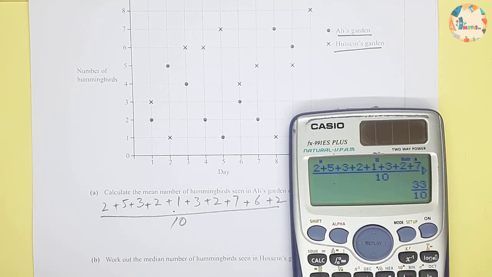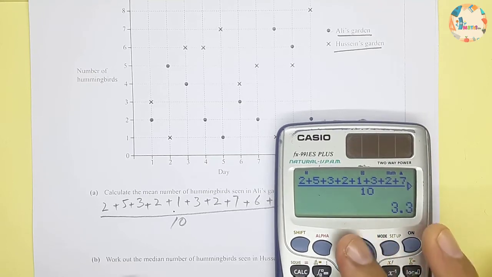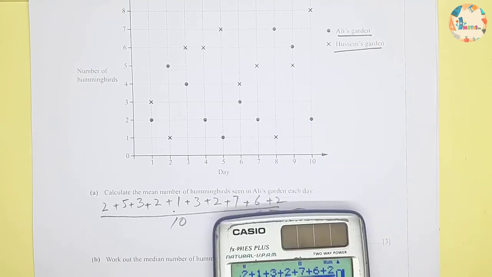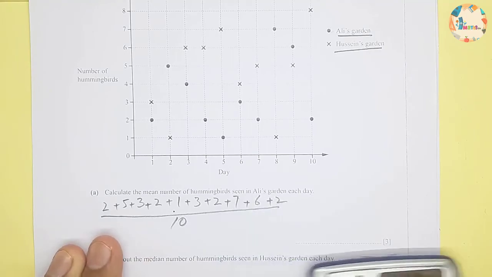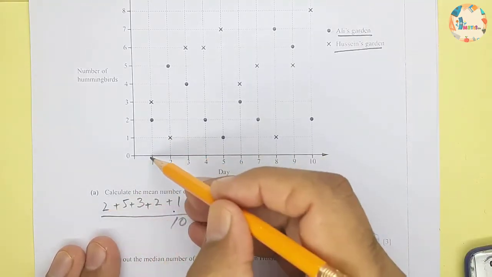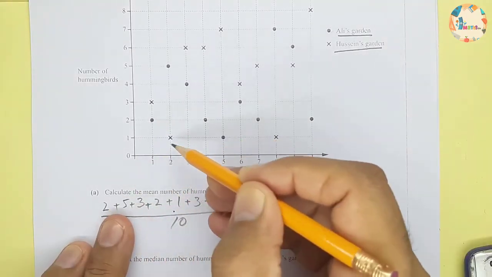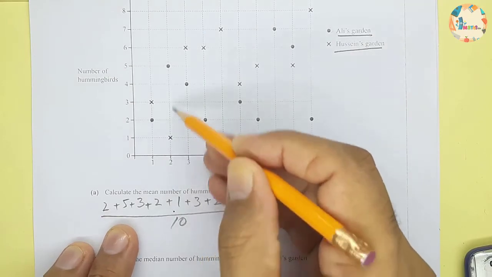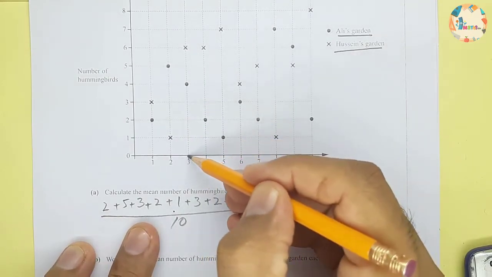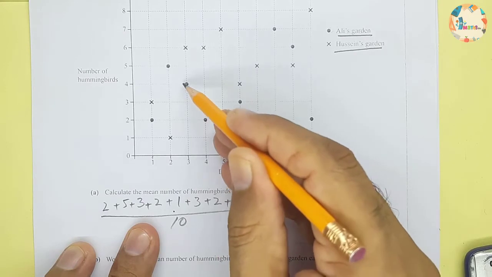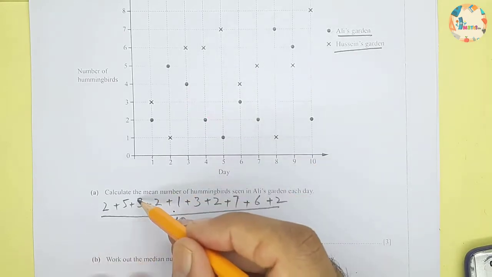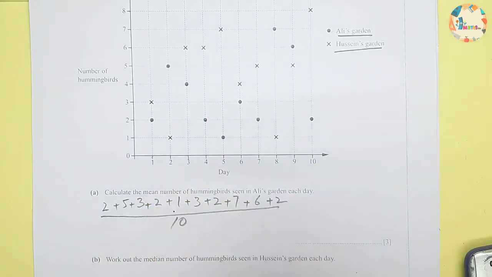This will give us 3.3. We have done some mistake. Basically I will check again these calculations. This should be, first one is 2, then the second is 5, third one is 4. For third one is 4, I have written 3. So I will change this value.